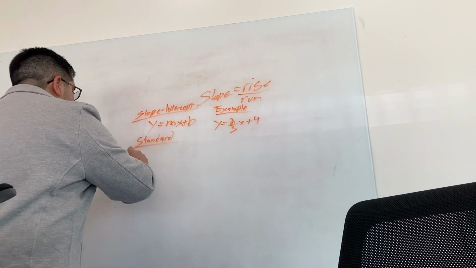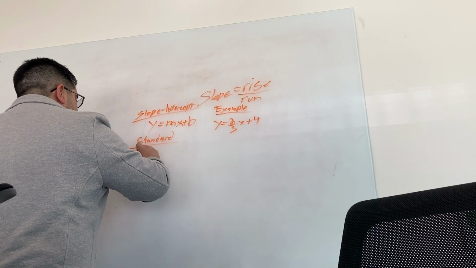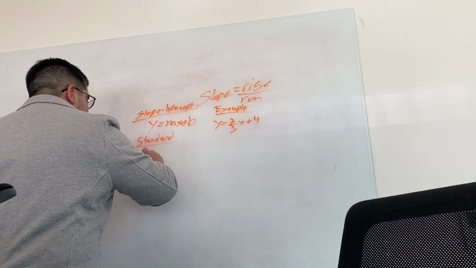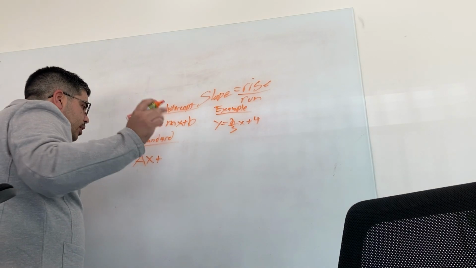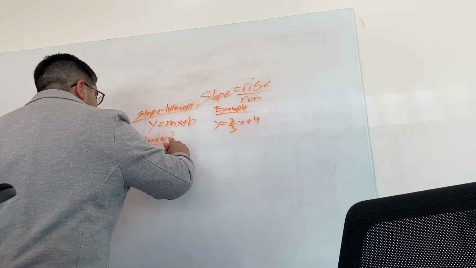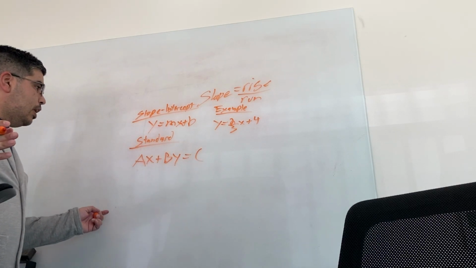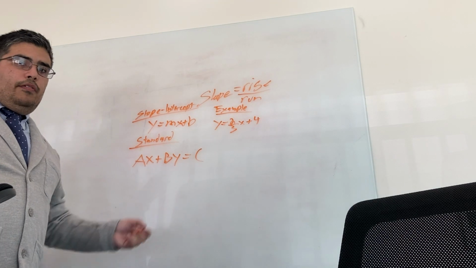In this case, it's going to be some number times x plus another number times y equals another number. That is the standard form of a line.